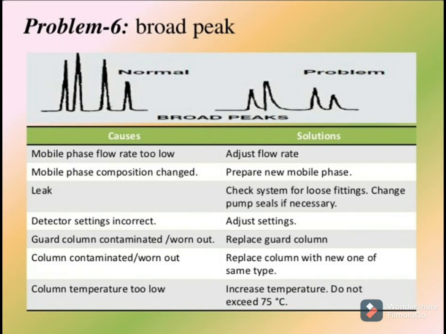Guard column contaminated or run out: then replace the guard column. Column contaminated or run out: replace the column with a new one of the same type. Column temperature too low: increase the temperature, but do not exceed 75 degrees centigrade. If we rectify all these causes, then our peak will come normal. These are the reasons a broad peak occurs in our HPLC.